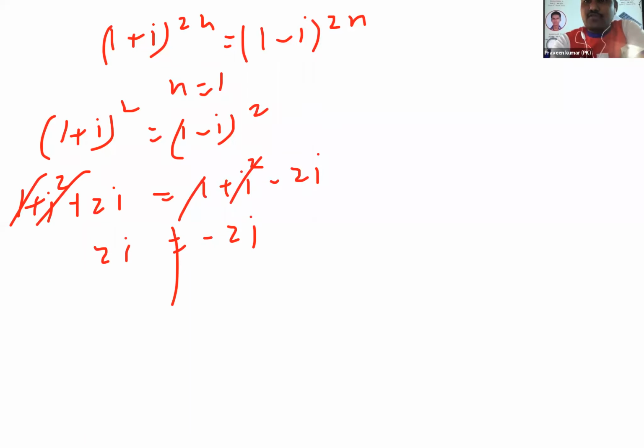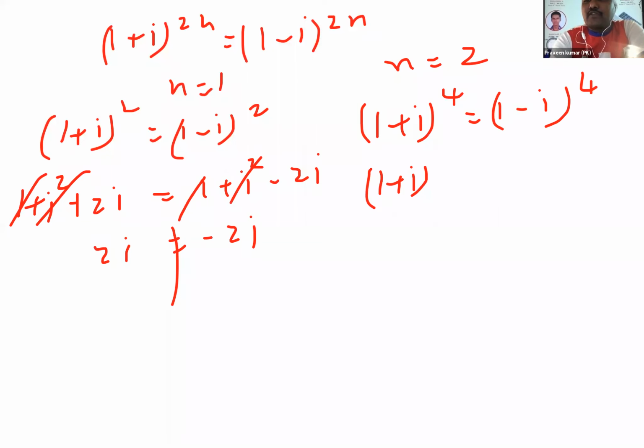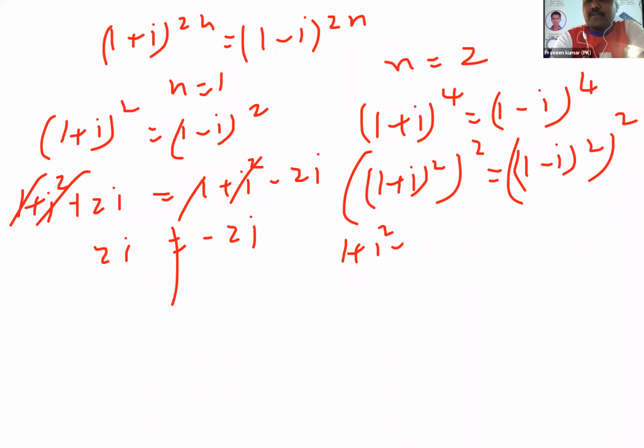Now substitute 2 in place of n. Then (1 plus i) whole power 4 is equal to (1 minus i) whole power 4. We can write it as ((1 plus i) whole square) whole square, and ((1 minus i) whole square) whole square. Expand: (1 plus i square plus 2i) whole square and (1 plus i square minus 2i) whole square.